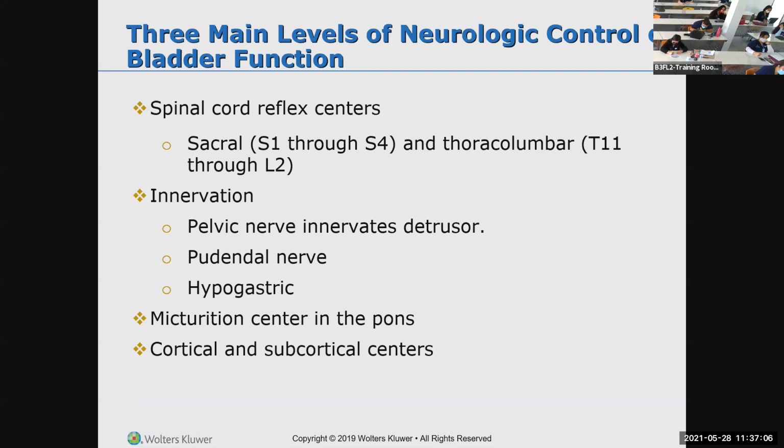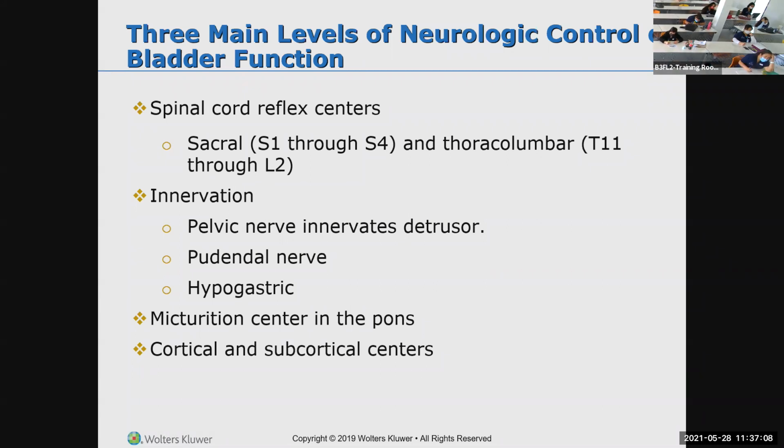Then we have the micturition center, which is located in the pons. And we have control from the higher center we call the cortical center. Even if I feel the urge, I can stop because of my cortical and subcortical centers; they have a say or control.